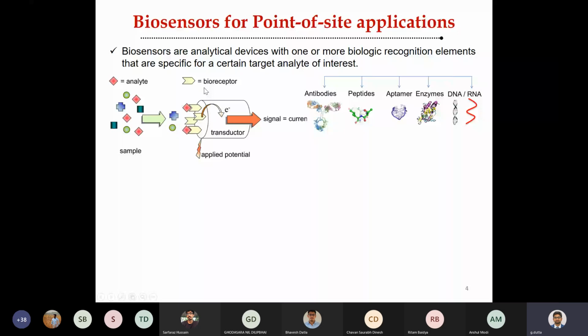If I develop a biosensor for a specific virus like SARS-CoV-2 for COVID-19, I will immobilize a bioreceptor very specific for SARS-CoV-2, not for any other virus. If it binds other viruses also, you cannot predict what your signal is for. So the bioreceptor should be very specific.